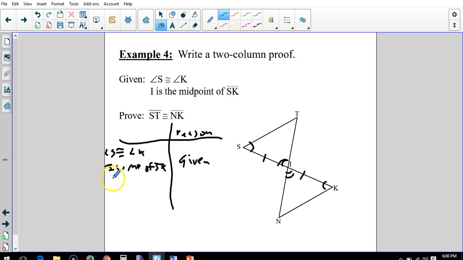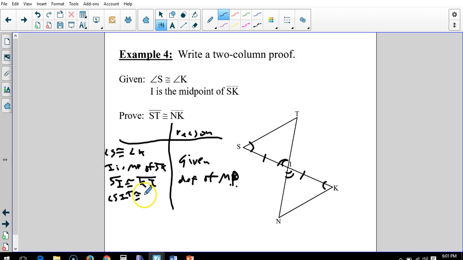So what do we mark? Well, we marked SI is congruent to KI, and that's due to the definition of midpoint. Then we said that angle SIT is congruent to angle KIN.